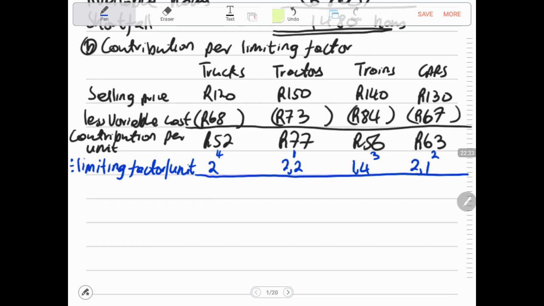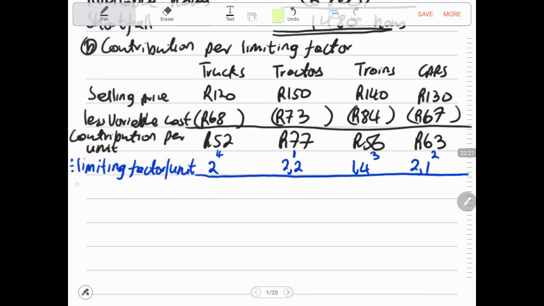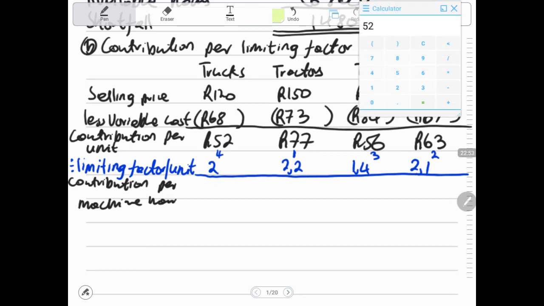So now here we will get to the contribution per limiting factor, meaning contribution per machine hour. Let us look at our contribution now per machine hour. Will they change? 52 divided by 2, we get 26.